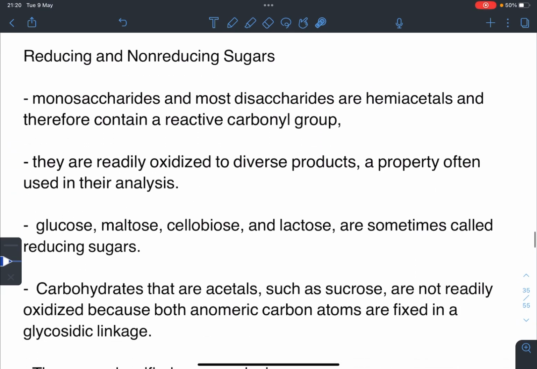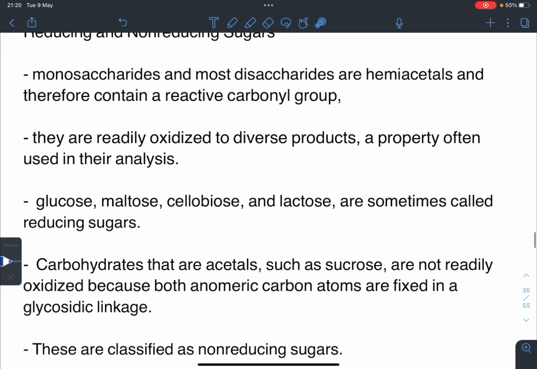Let's just run. Reducing sugars: monosaccharides and most disaccharides are hemiacetals and therefore can contain a reactive carbonyl group. They are readily oxidized to diverse products, a property often used in their analysis. This just means that hemiacetals are very useful intermediates in all kinds of research. I said that before. Glucose, maltose, cellobiose, and lactose are sometimes called reducing sugars.